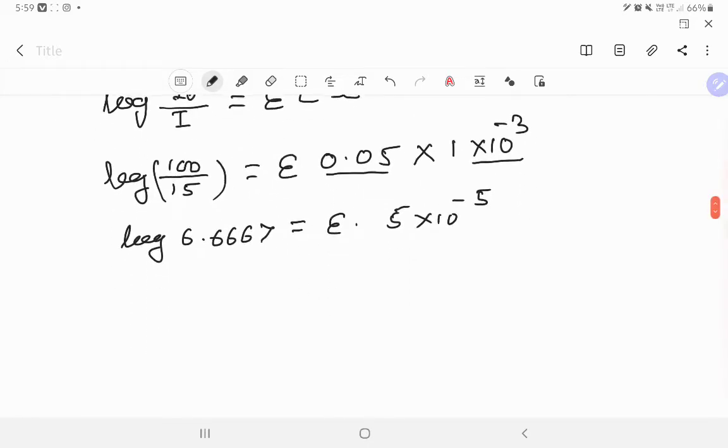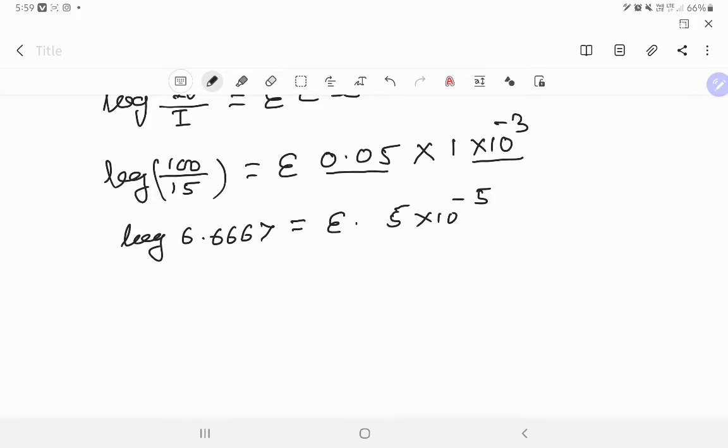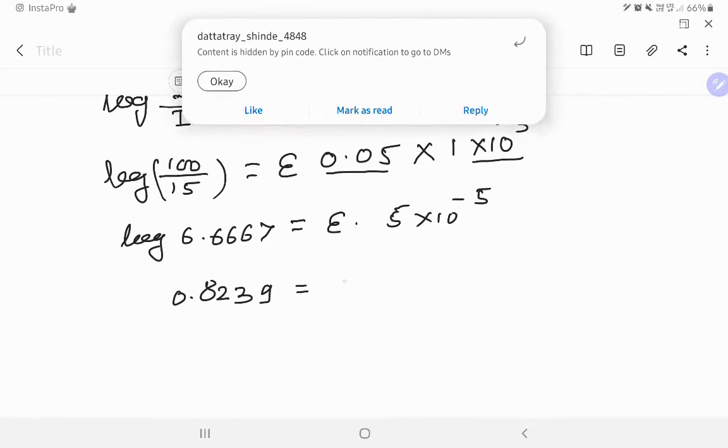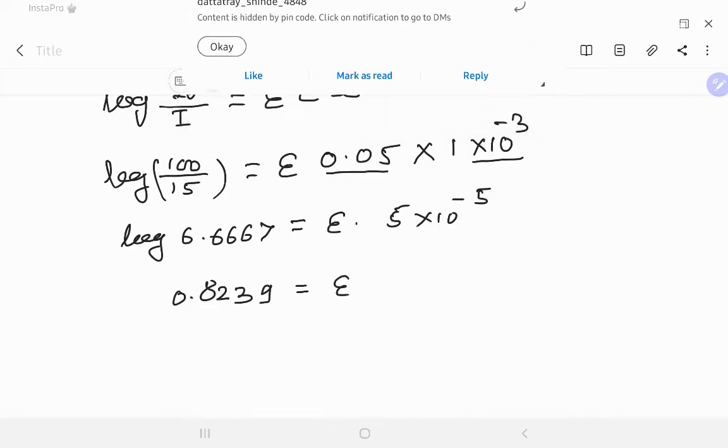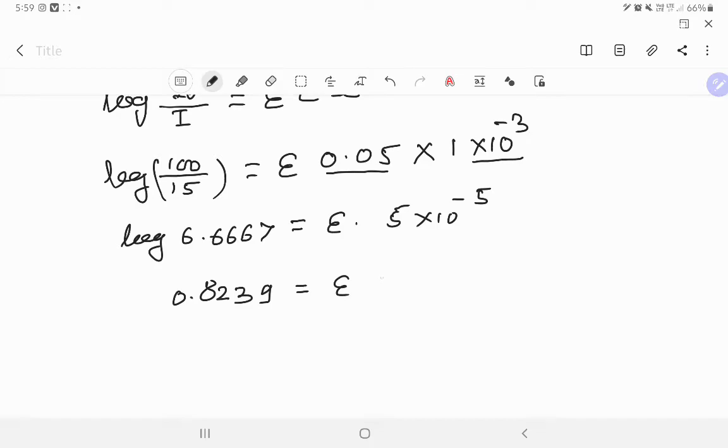Okay. Now take the log of 6.6667. What will be its value? 0.8239 is equal to epsilon into 5 into 10 raised to minus 5.